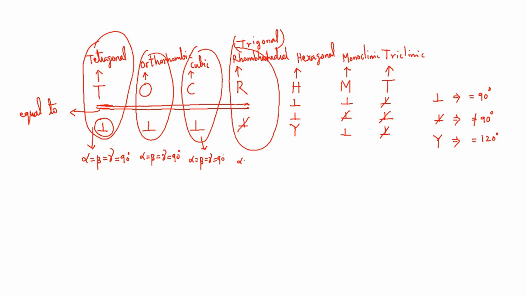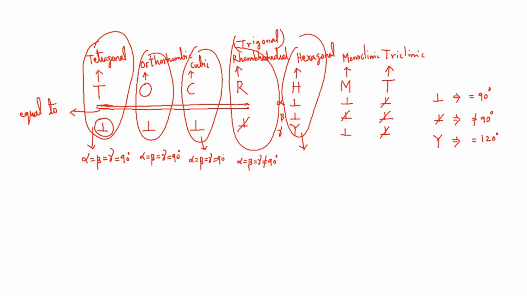For rhombohedral, this parallel line is there, so alpha equal to beta equal to gamma, and this notation indicates not equal to 90 degree. For hexagonal, this is alpha, this is beta, this one is gamma.